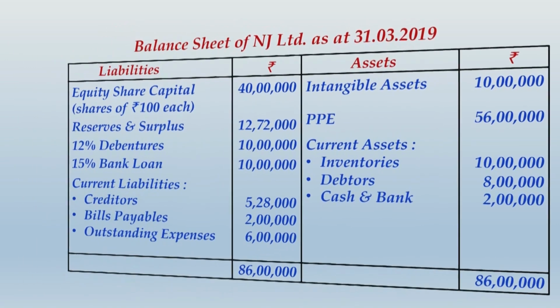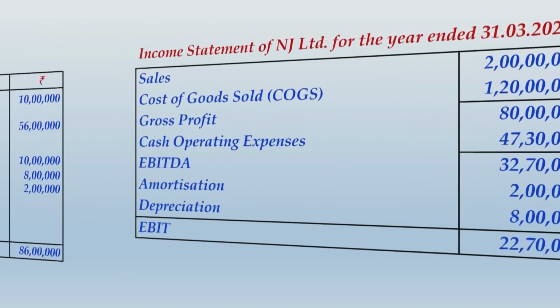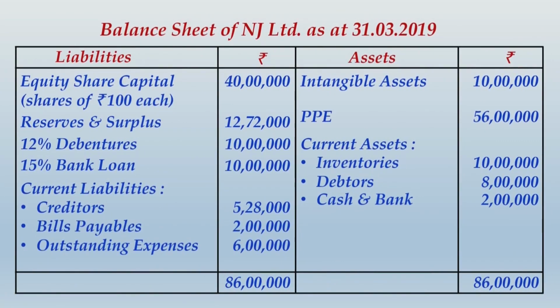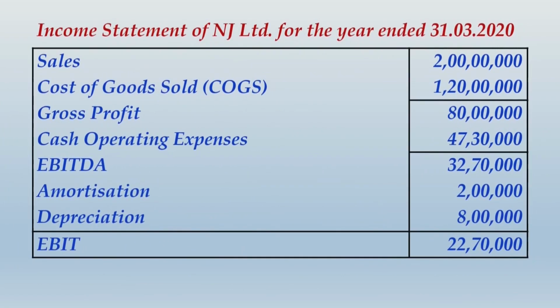Further in the question what is informed is income statement of NJ Limited for the year ended 31/3/2020. Now one thing as a note of caution, if I take you back to the balance sheet, look at the balance sheet date, it was dated 31/3/2019, and then the income statement is given to you for the year ended 31/3/2020.